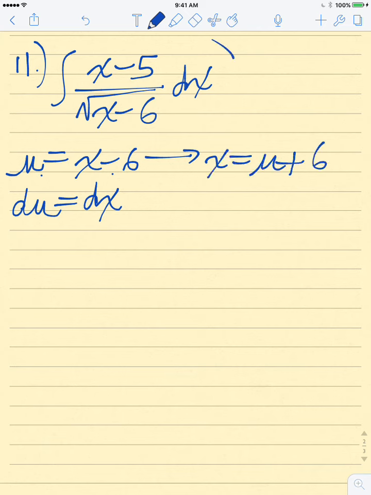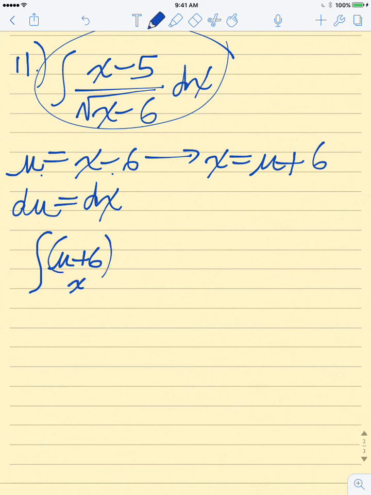So now I can rewrite this whole thing in terms of u. My numerator is going to be, x is just u plus 6, right? That's my x. You still have to write that minus 5, and it's over u to the 1/2 power. Let's clean that up.